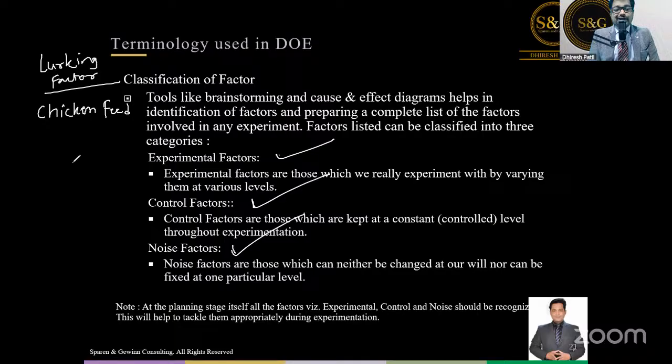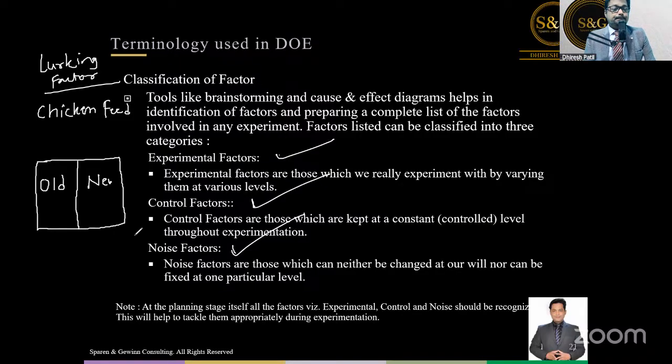So for the experiment, they went to a poultry farm and divided it into 2. In one half they gave the old feed and in the second half the new feed. They were expecting the chicken weight to go up in 1 month.